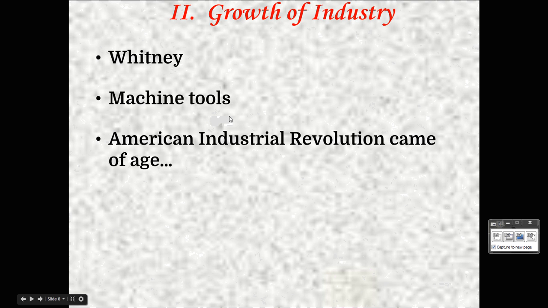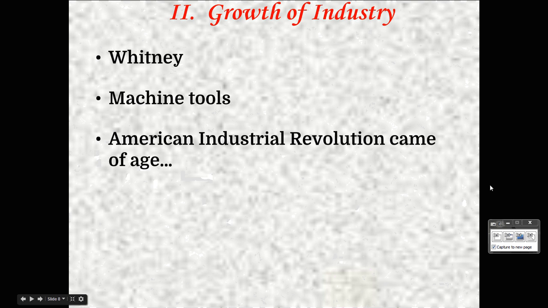Machine tools are machines that can produce other pieces of technology. So you're building machines that are producing other pieces of the Industrial Revolution.